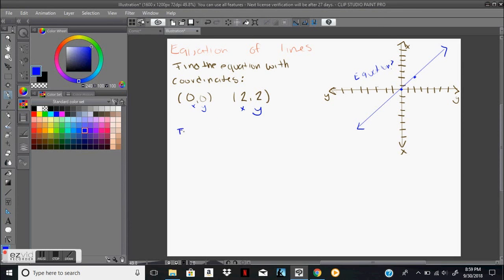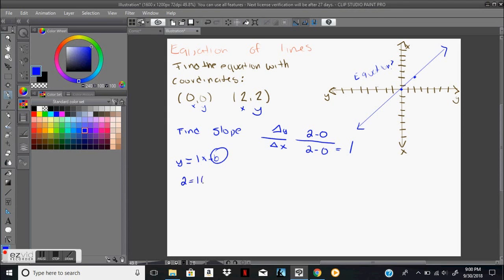Now, in order to find the slope, we need to find the difference between the y's over the difference between the x's. So that would be 2 minus 0 over 2 minus 0, and that would be equal to 1. Now, we know that the slope is 1, so it would be y equals 1x plus b.